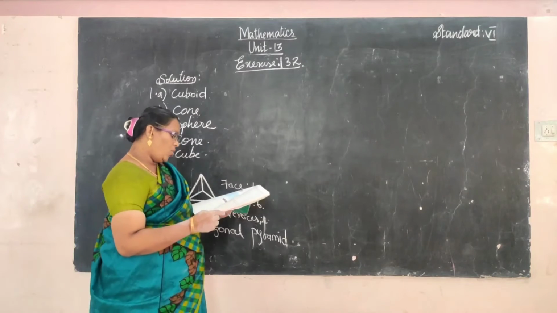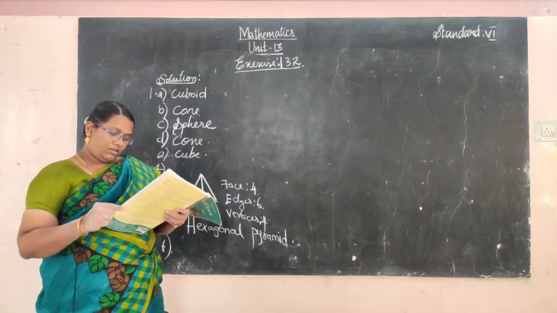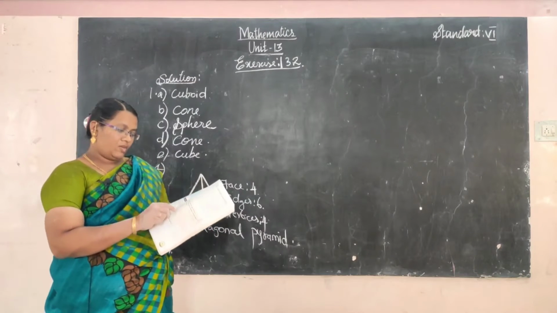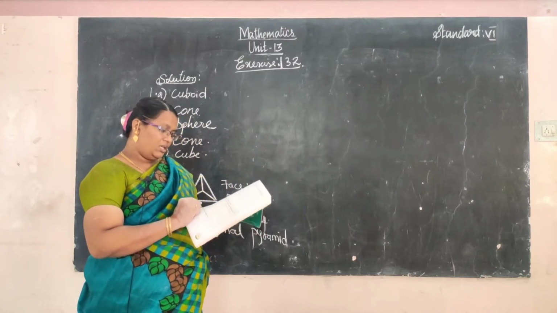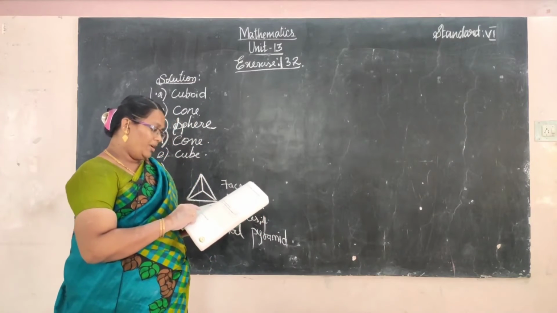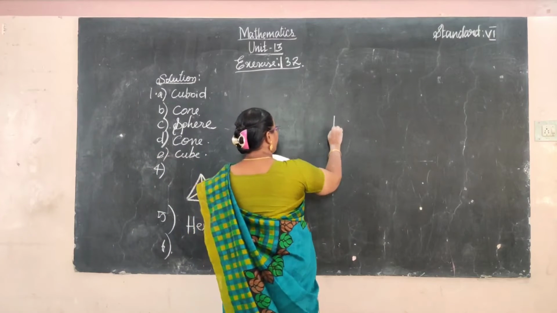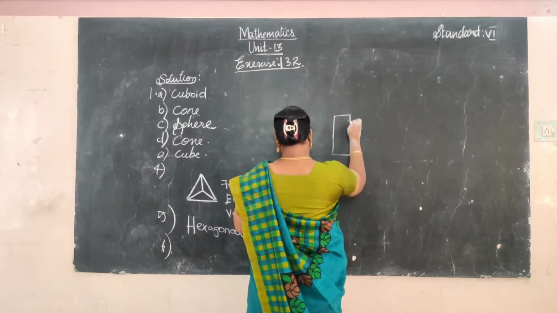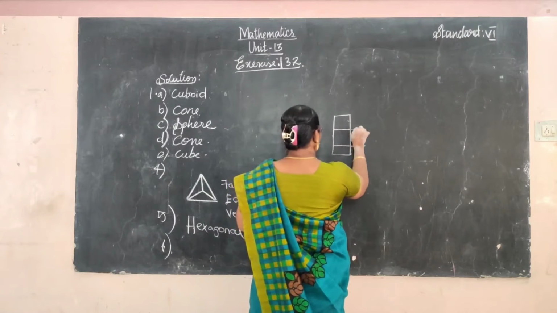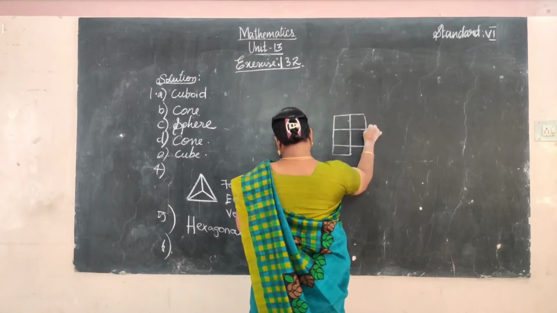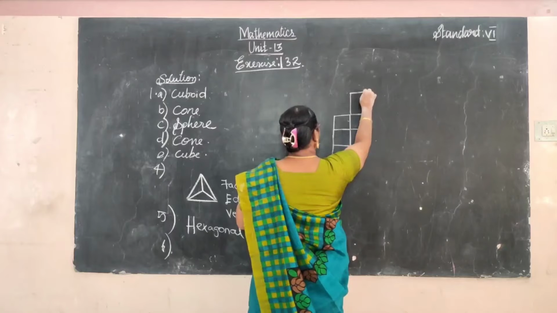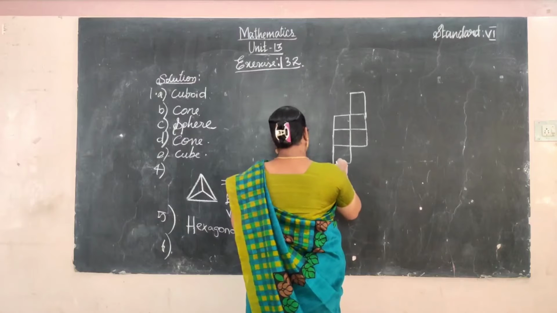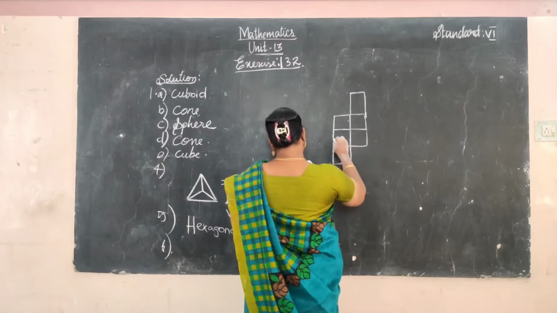And sixth one, in the given figure, how many cubes are there? Everyone see your book here. One of the cube is given. See. So how many cubes are there? So I have drawn the 2D shape.